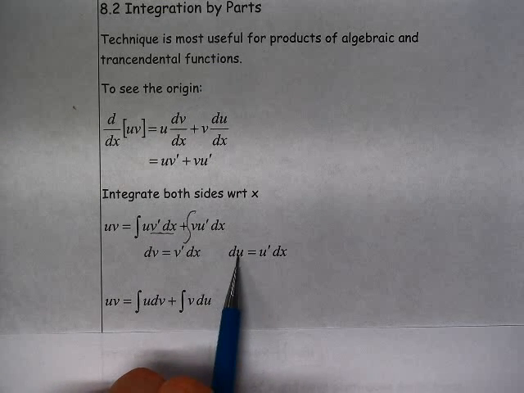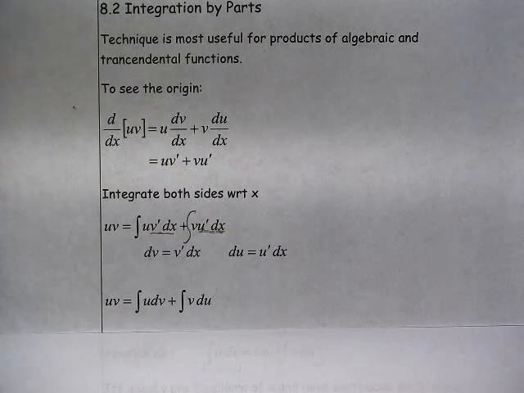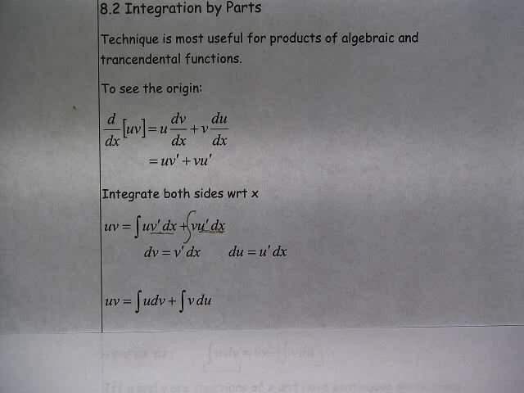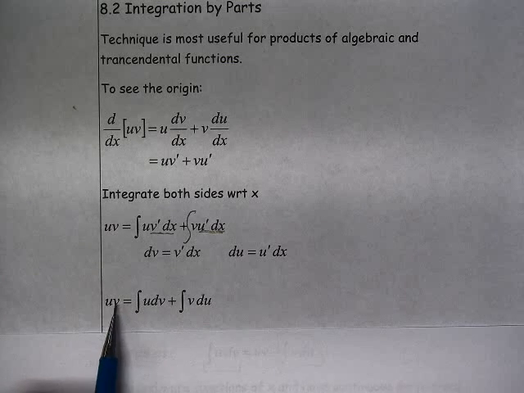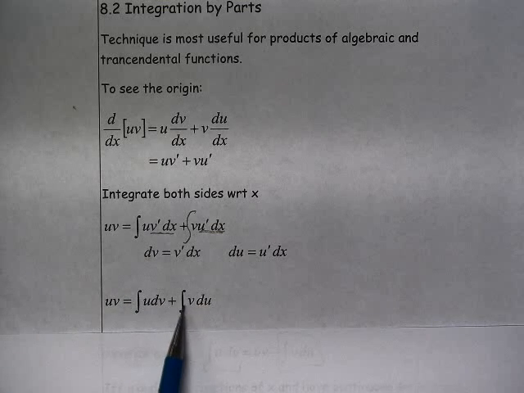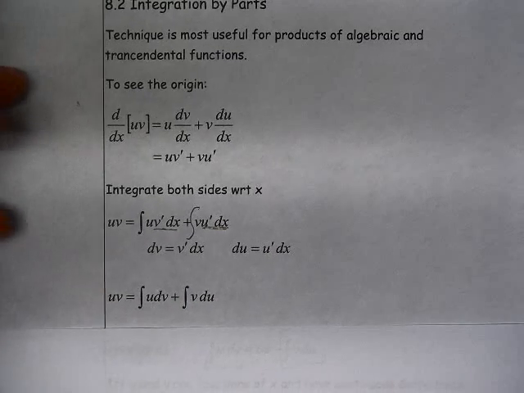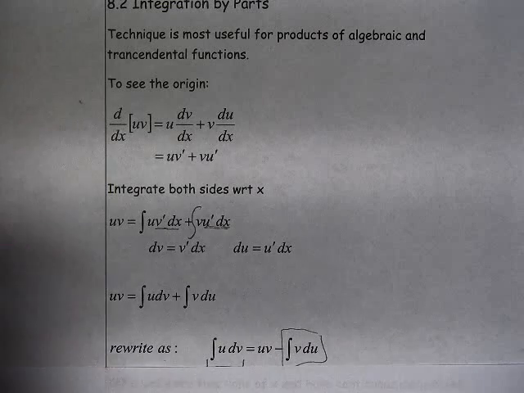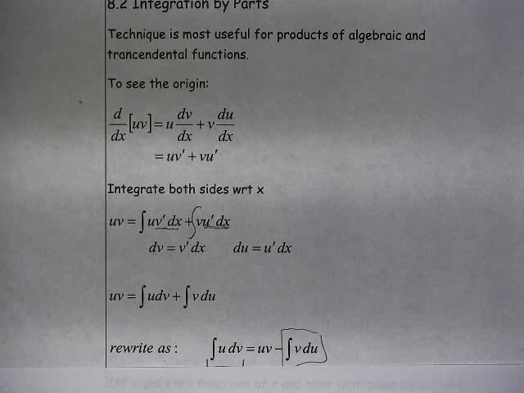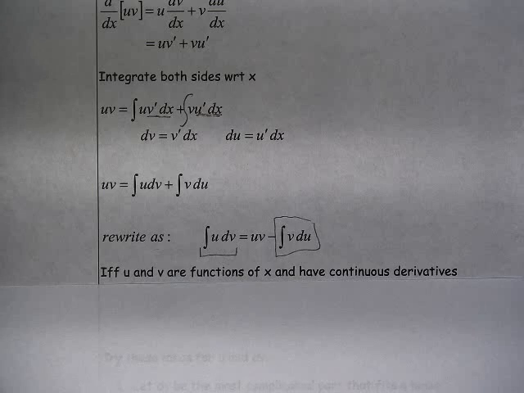And the du is u prime dx, so that takes care of this part right here. So what I end up having is uv equals the integral of u dv from this first part here, plus the integral of v du from the second part of that sum. And then if I just solve for the integral of u dv, so I subtract the integral of v du, I get the formula for integration by parts.